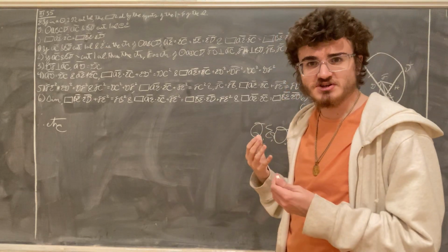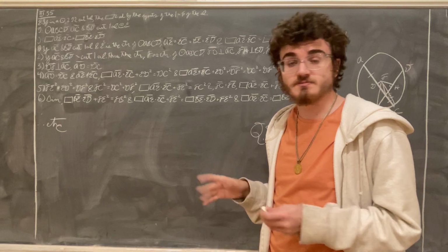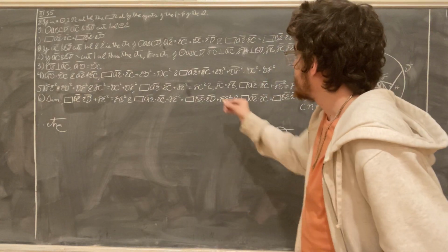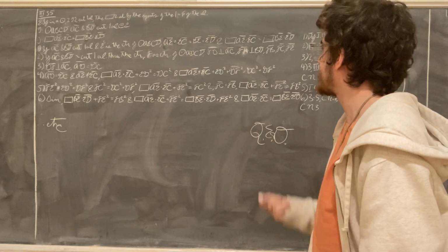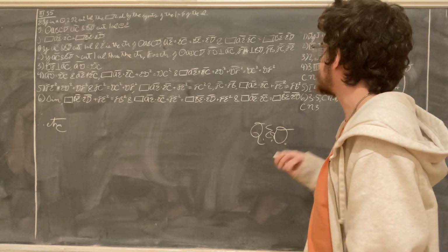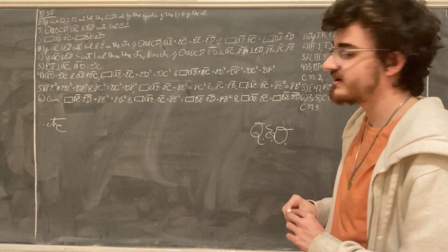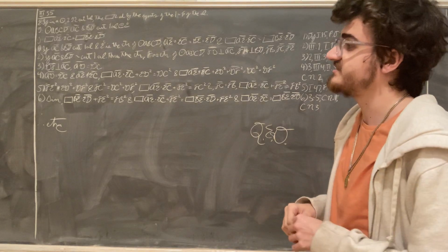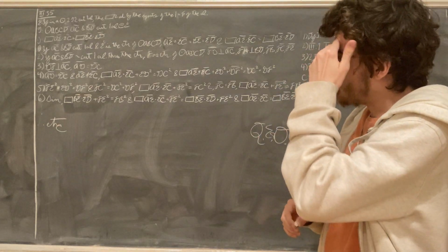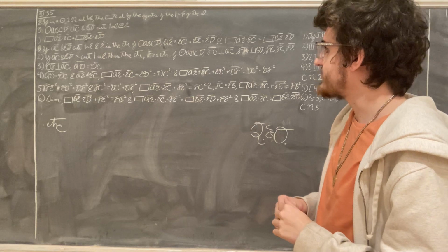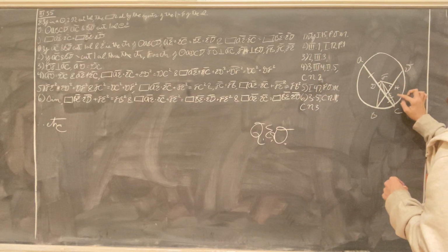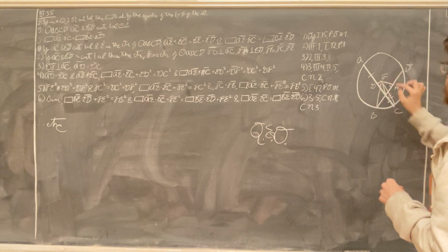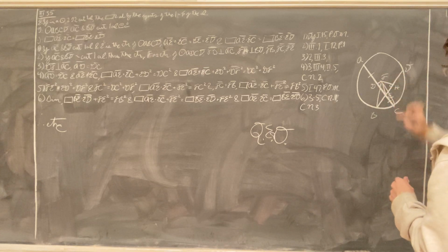And by common notion 2, we can add the square on FG to both sides and say that the rectangle AE times EC plus EG squared plus GF squared equals GC squared plus GF squared. It's a simple common notion 2. Now, from 1.47, we see that we are dealing with two right-angled triangles, namely EFG, so that right-angled triangle right there.